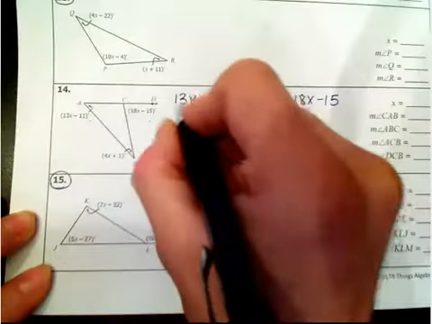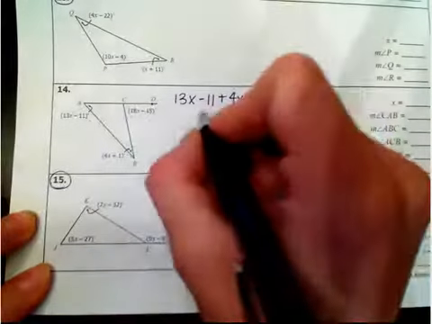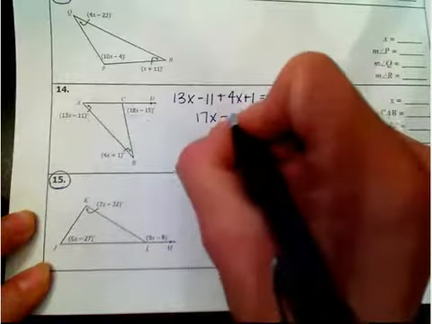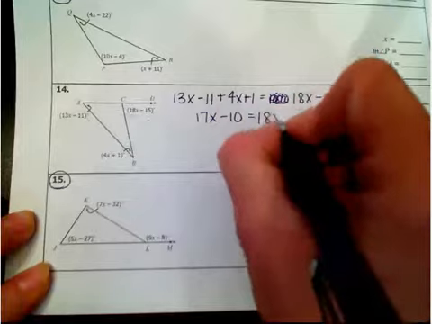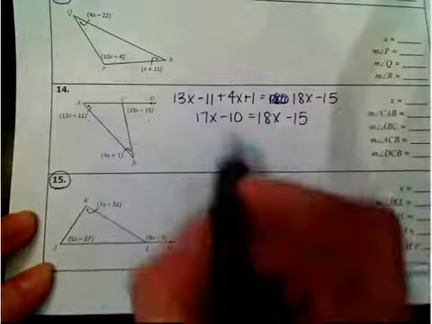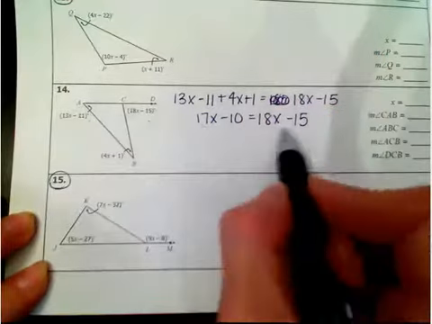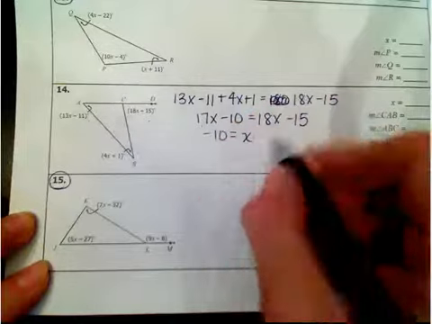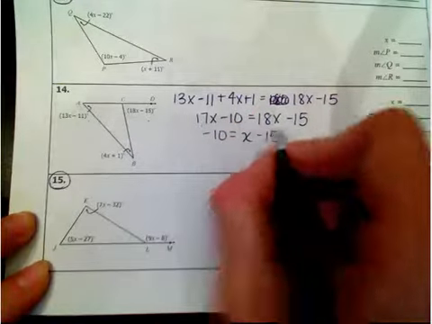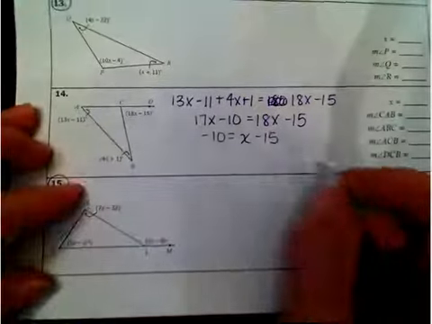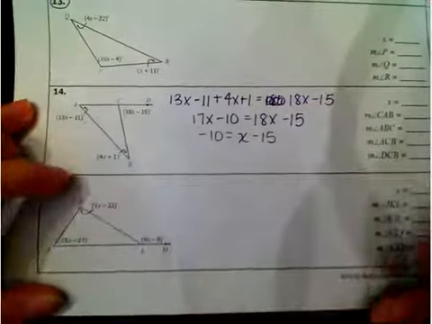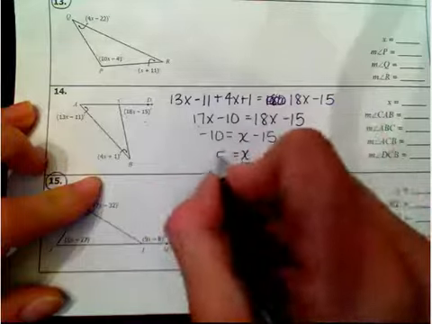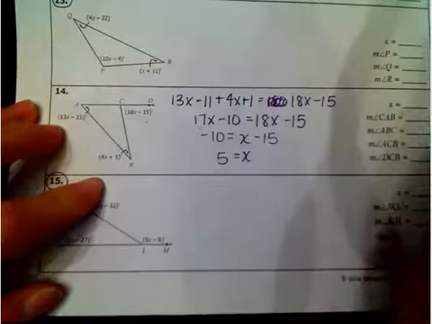I will combine some like terms, so 13x plus 4x is 17x, negative 11 plus 1 is minus 10, equals 18x minus 15. I'm going to subtract 17x from both sides so that my x stays positive. You could subtract 18x from both sides. That would also work. You would just need to divide by -1 at the end. And then I'm going to add 15, so x equals 5.